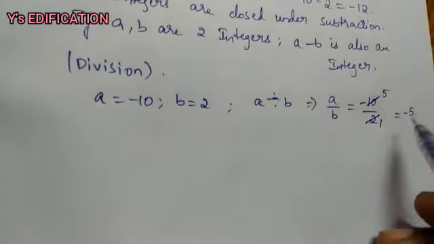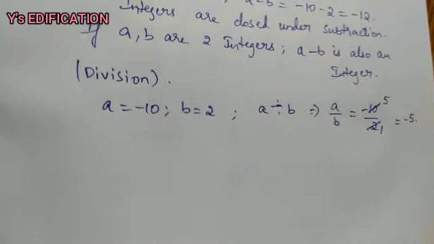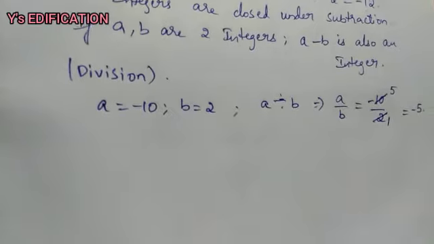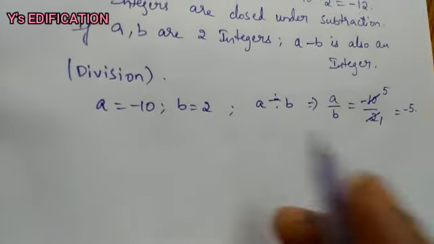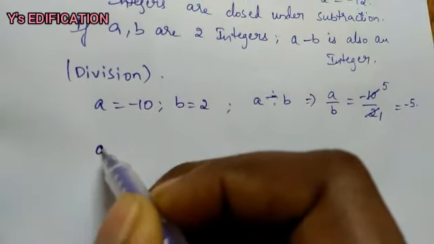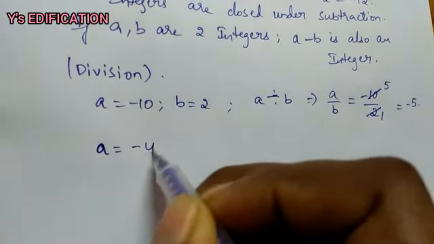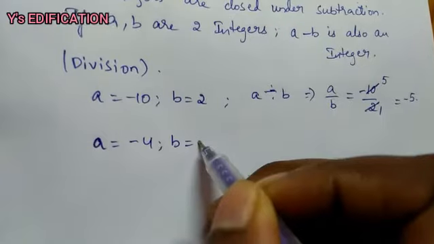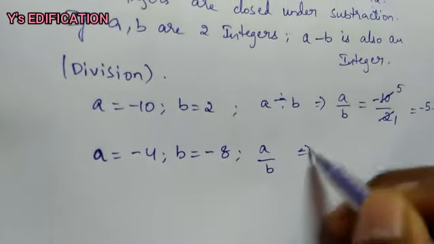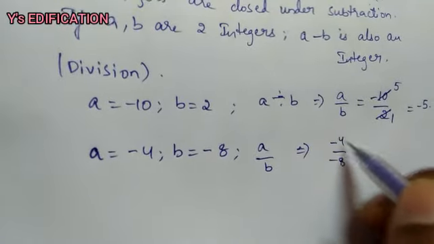Here the result is an integer. But in this case, not every pair of integers gives a result that is an integer. Let me do one more example. If I take a is equal to -4, b is equal to -8, I have to divide a by b. That means -4 by -8.